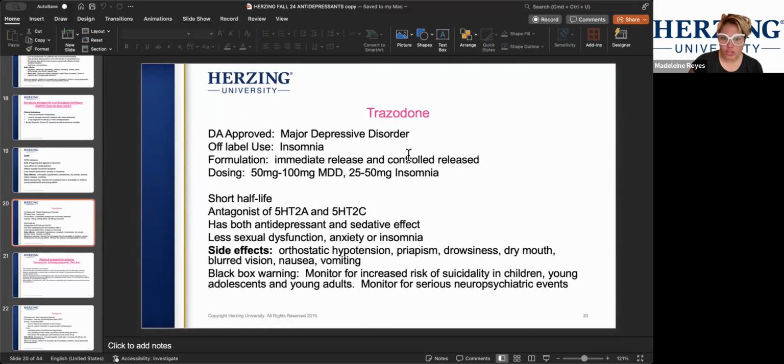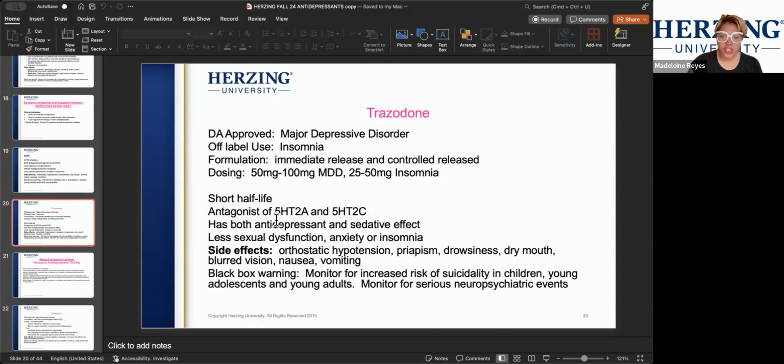An example will be trazodone, which is approved for MDD, off-label for insomnia at low doses. Dosing includes 50, 100, and it can go up to 300. But we're going to use lower doses like 25 and 50 for insomnia if they're having difficulty sleeping. Short half-life: antagonism of 5-HT2A and 5-HT2C, has both antidepressant and sedative properties.